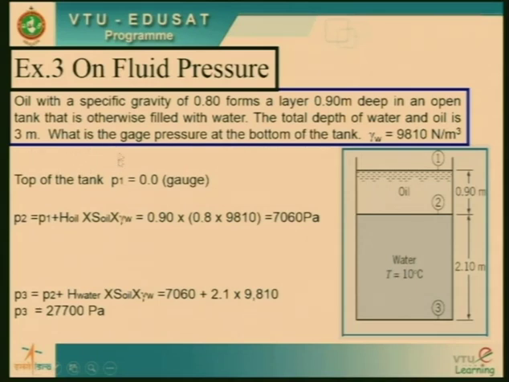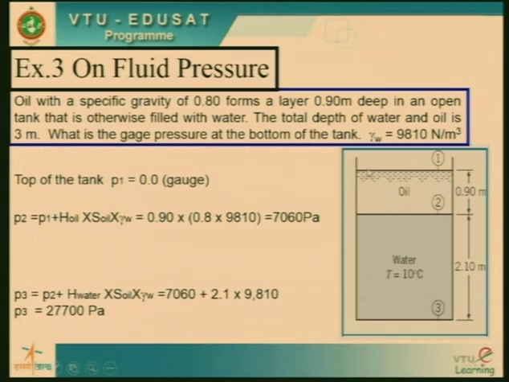What is the gauge pressure at the bottom of the tank? Very interesting. I will read again. Oil with a specific gravity of 0.8 forms a layer 0.9 meter deep in an open tank that is otherwise filled with water. The total depth of water and oil is 3 meter. What is the gauge pressure at the bottom of the tank?